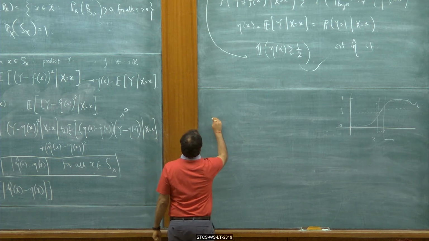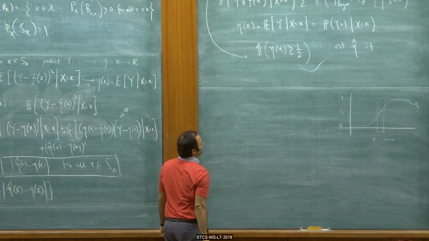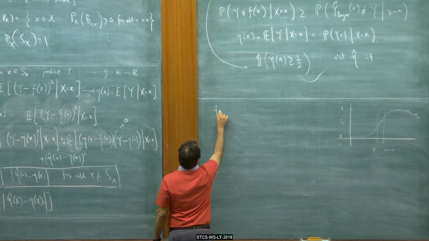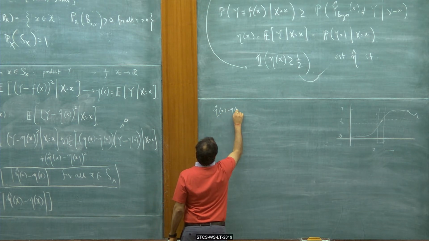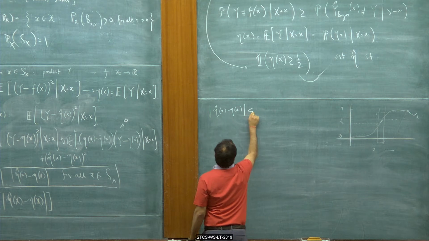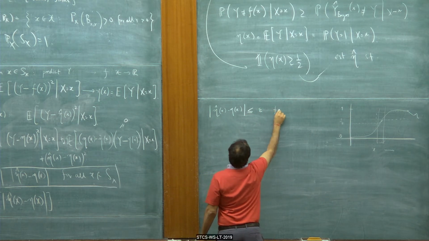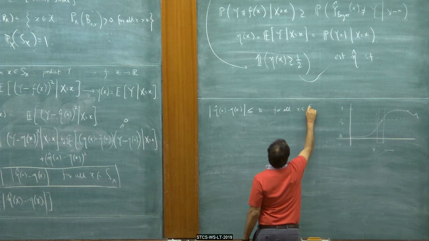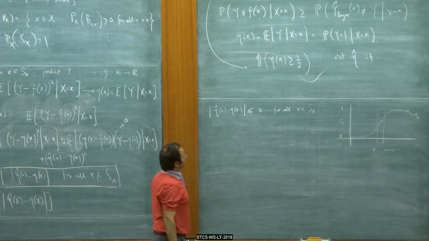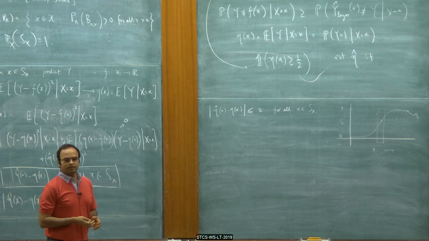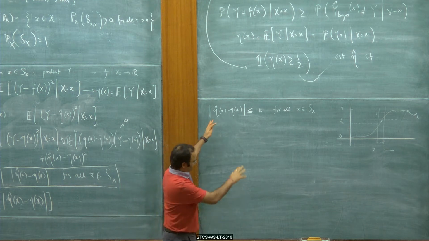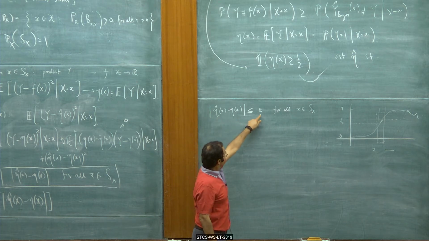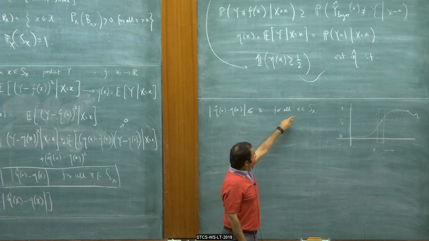So if I knew how to estimate that well, in particular, if I had a way to find eta hat such that |eta hat of x minus eta of x| is less than or equal to epsilon for all x in the support of x with large enough probability. Okay, so let's suppose, for the purpose of thinking of a reduction, that this is true. So I found an eta hat of x which is close to eta of x for all x.